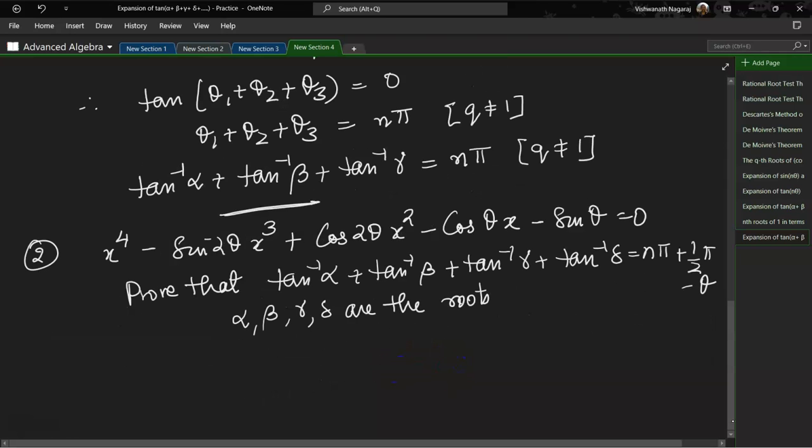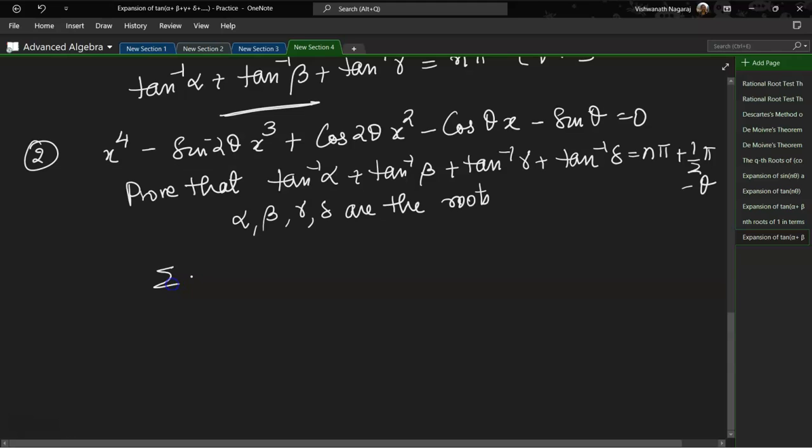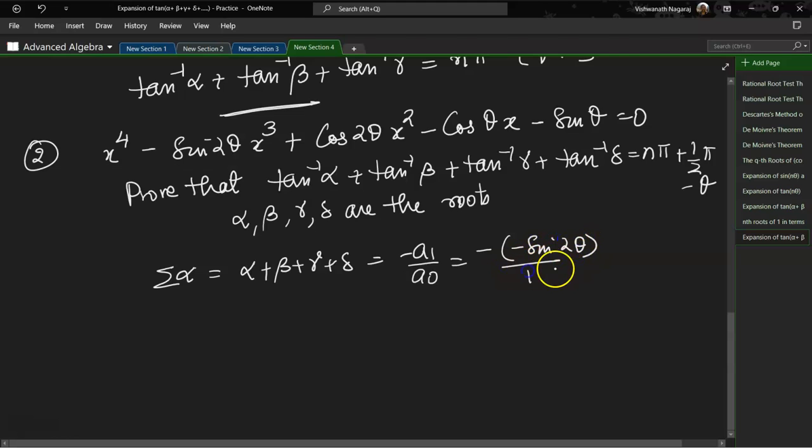Okay, let's proceed. We know summation of alpha is equal to alpha plus beta plus gamma plus delta is equal to minus a1 by a naught. Now a1 is minus sine 2 theta by 1, so this is equal to sine 2 theta.